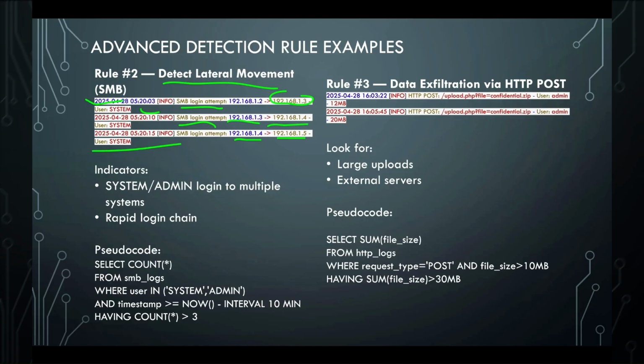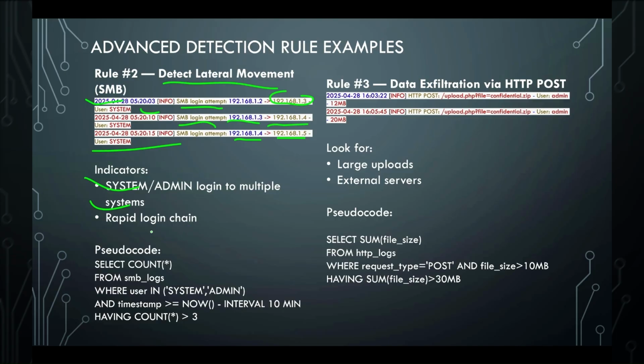So you can create a condition: look for SMB logins between internal systems and the pattern, a system account or an administrative account performing multiple SMB login attempts across different machines in a short time window. And the time frame is also very important here. It is suspicious if the SMB logins happen rapidly across machines, or if access happens outside business hours.